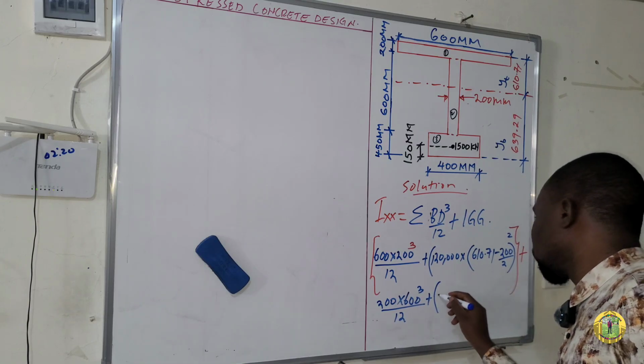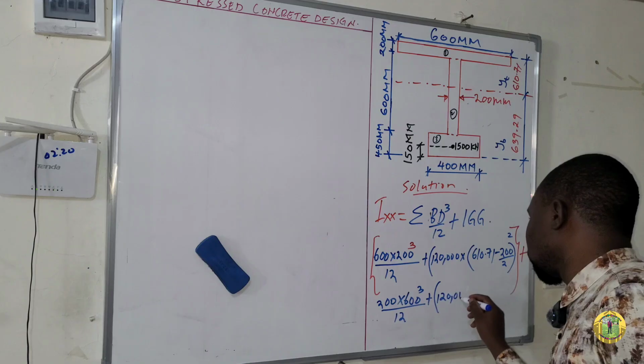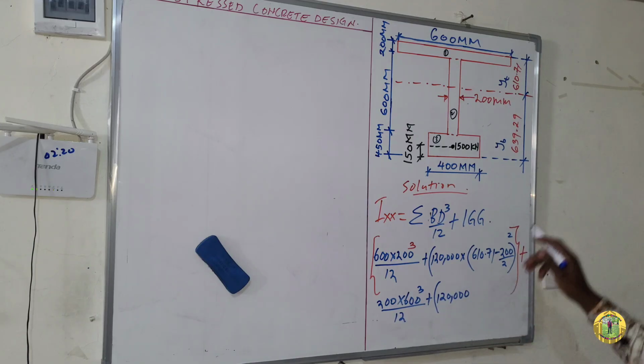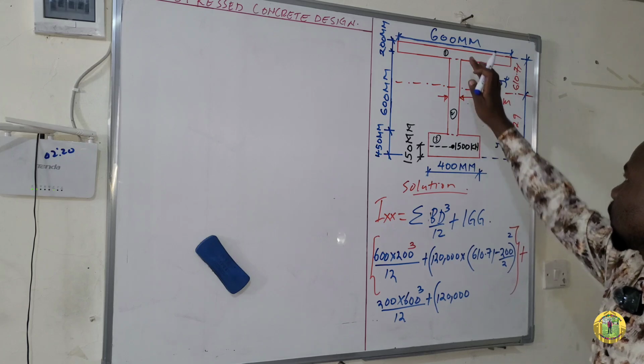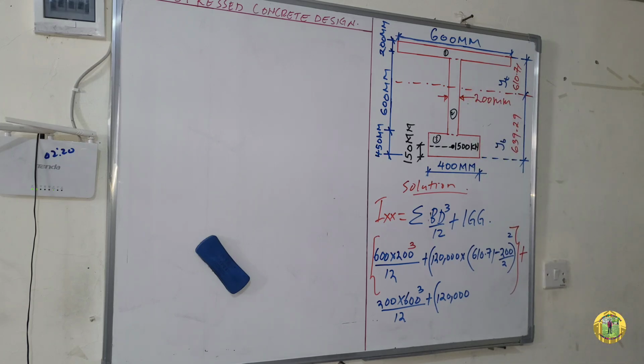So the area is 120,000, because you multiply 200 times 600, you will get 120,000.